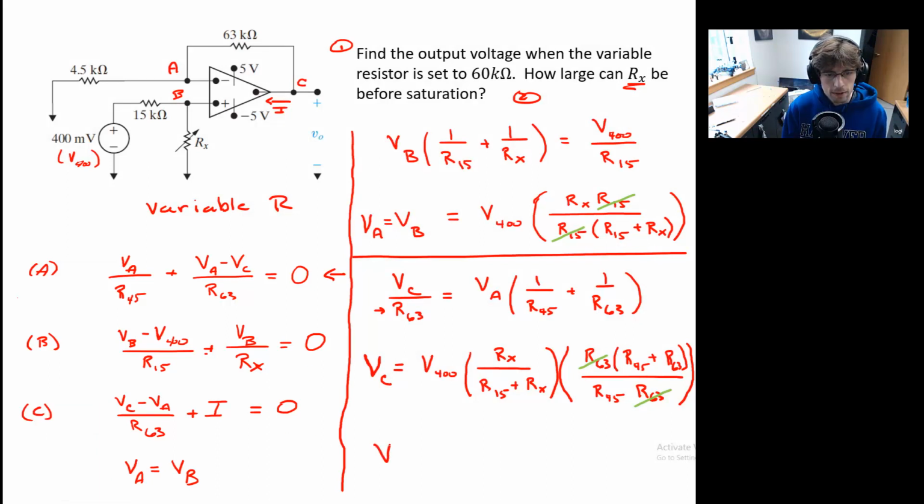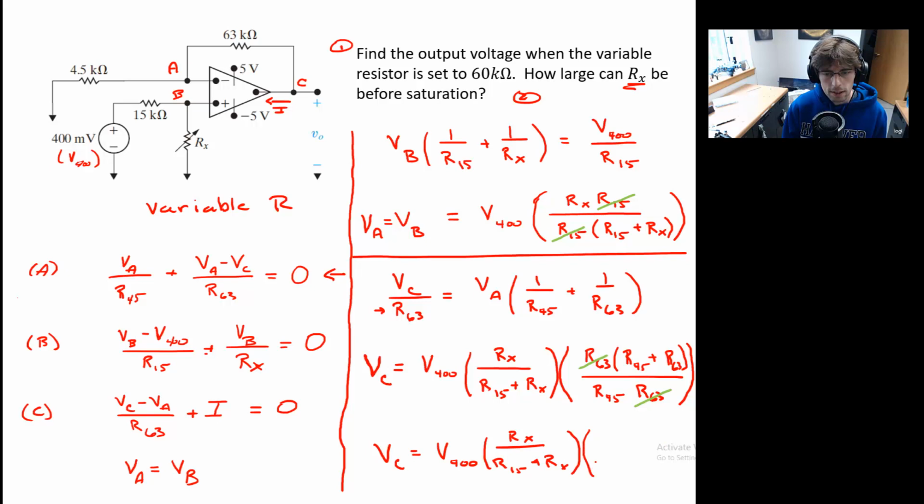We have VC is equal to V400 times the fraction Rx over R15 plus Rx. Notice that that's unitless.